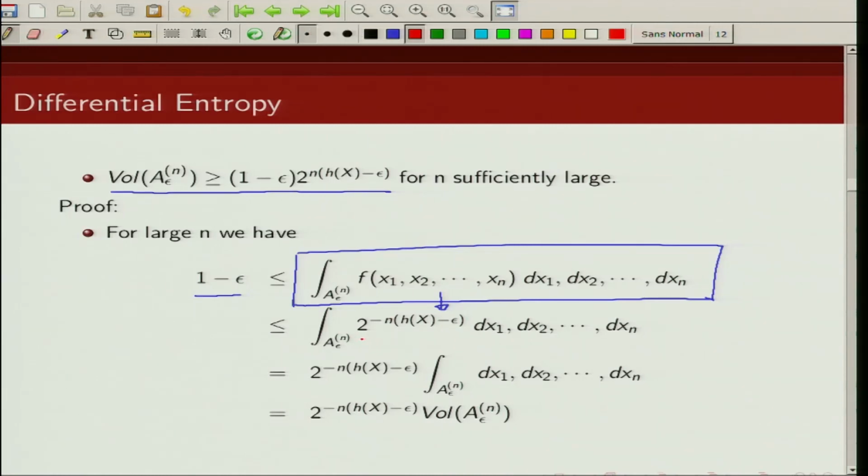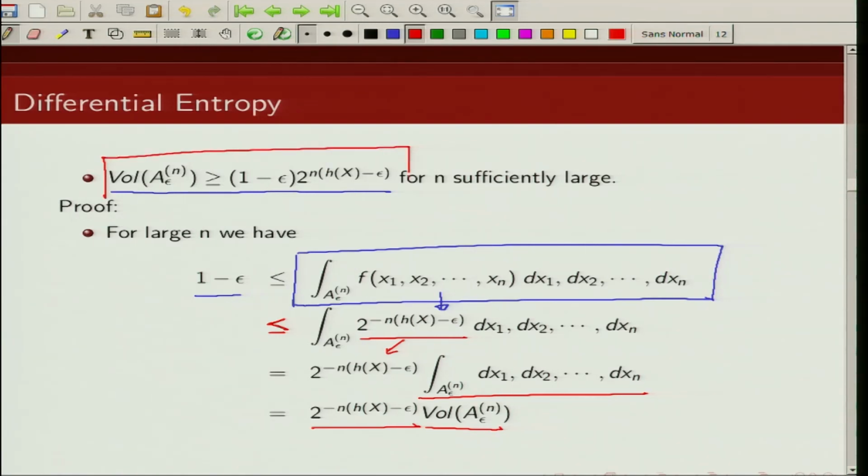If we plug in the upper bound of f(x1, x2, ..., xn) here, we get less than or equal to, and subsequently we take this out and integrate it over the typical set. What we get is the volume of the typical set multiplied by this, which is greater than or equal to 1 minus epsilon. So from here we get that the volume of the typical set is at least given by this.